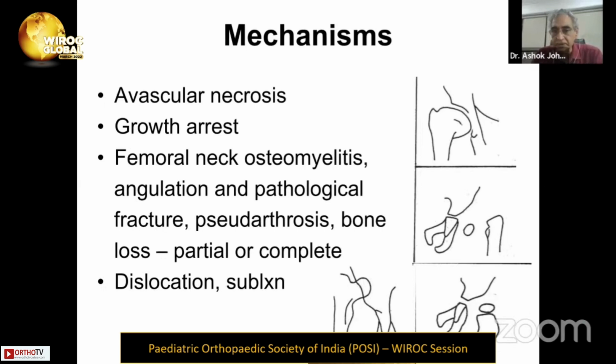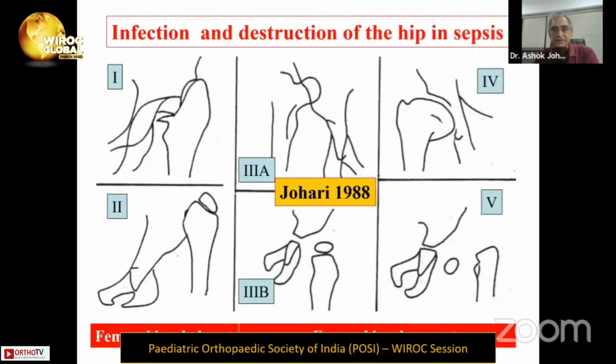It can give rise to pseudarthrosis, bone loss, which is partial or complete. And then there could be, because of effusion in the joint, a joint dislocation, so a dislocated hip or a subluxated hip. And this pathomechanism actually forms the basis of my classification for septic arthritis sequelae.